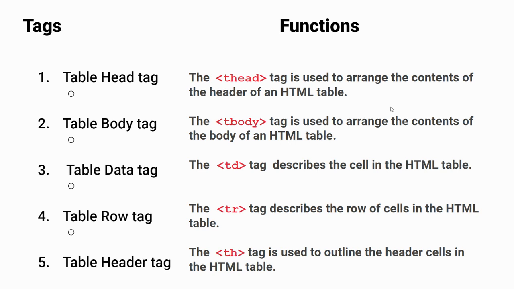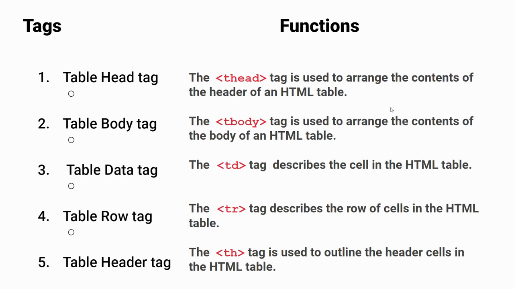So lastly, we have the table header tag. The table header tag is used to outline the header cells in the HTML table. Of course, we know what a header is: the main descriptive content of what the entire body is. It's what comes before any other content.